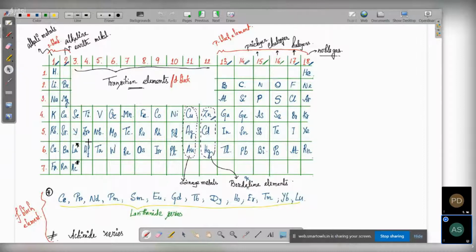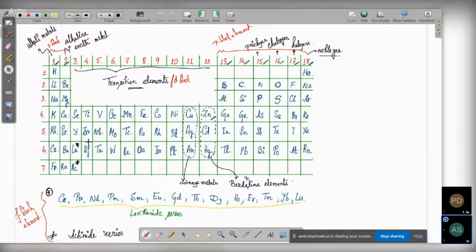But it is due to this lanthanide contraction that we are seeing the atomic size decreases greatly. And due to this decrease in atomic size, zirconium and hafnium have a very similar atomic size. Although it was expected that hafnium should be much larger than zirconium, it is observed that due to lanthanide contraction, their sizes are almost similar.